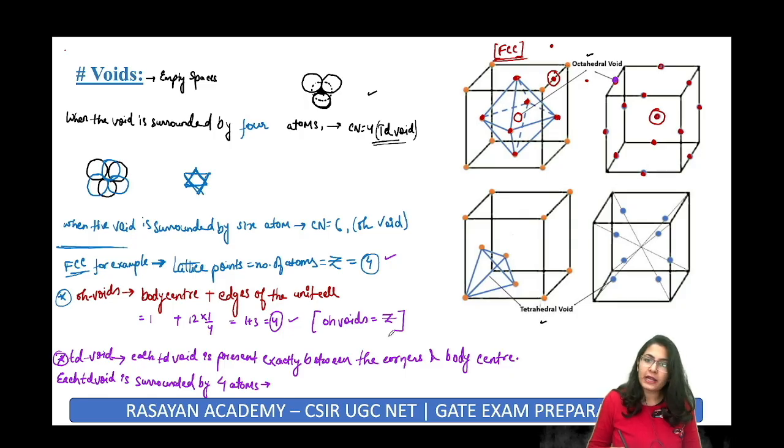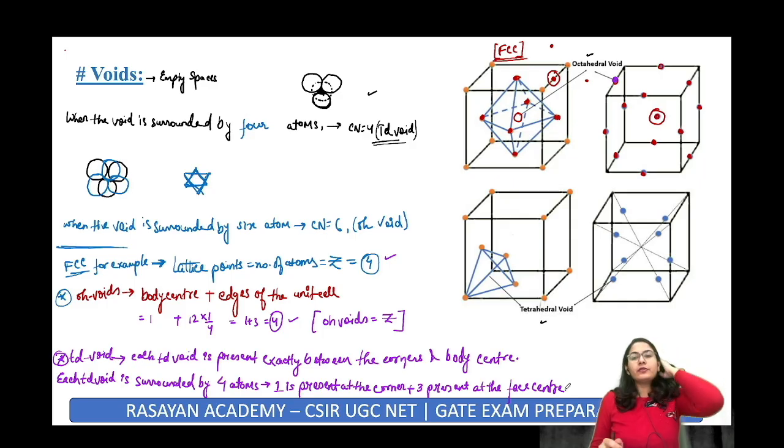Now in these 4 atoms, one atom is present on the corner, plus the other 3 are present at the face centers. 3 present at the face center. इसका क्या मतलब है? Let's talk about this face center.